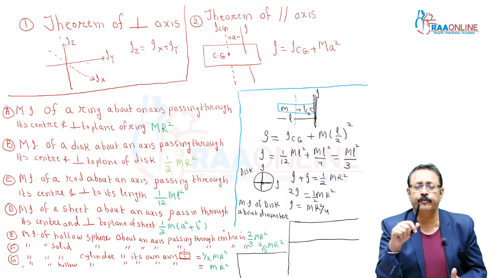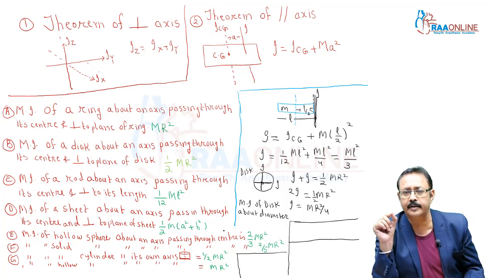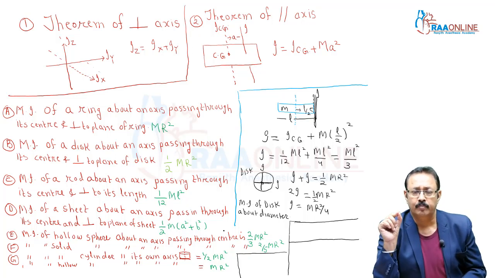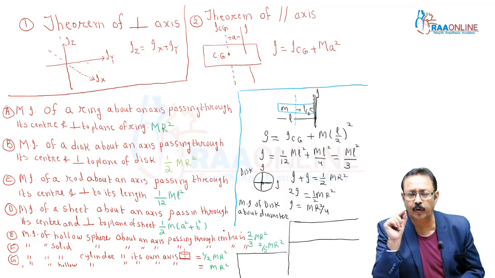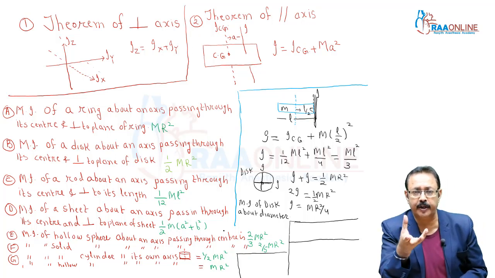And remember, for the same dimensions, for the same m and the same r, the moment of inertia of a hollow object should be greater than the moment of inertia of a solid object of the same shape.